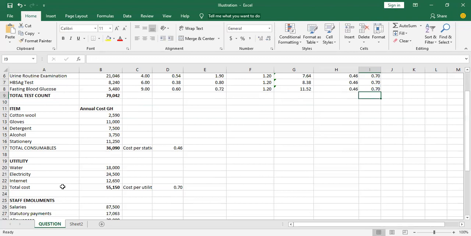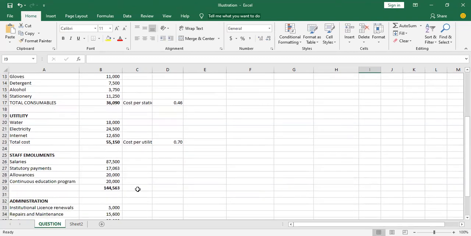Do the same for staff cost. So total staff costs is 144,560. So we calculate our cost per staff.